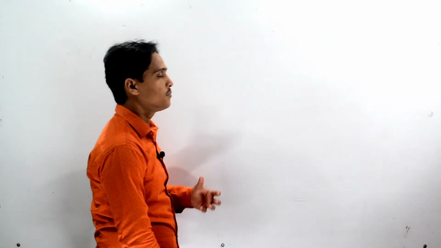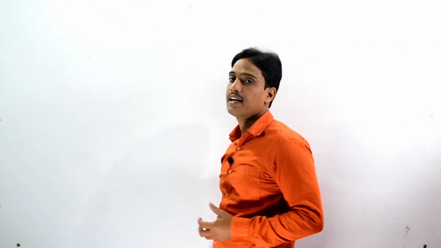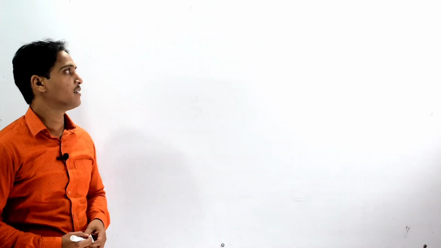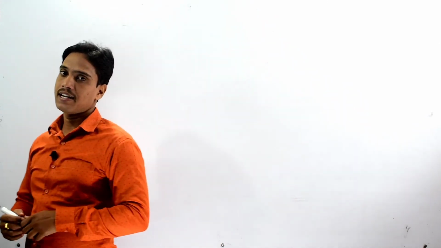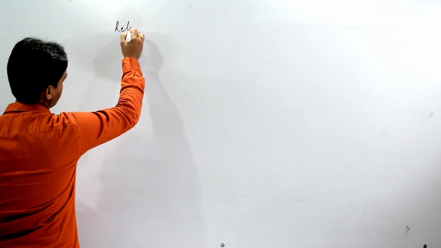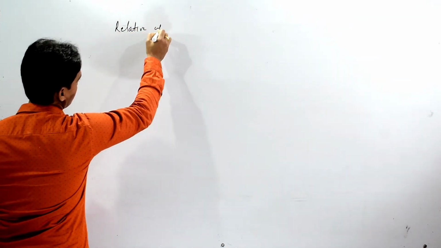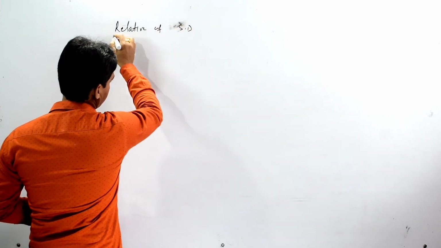So note all these rules. Now come to the various relatives of our standard deviation. That means some other measures which are completely based on our standard deviation, known as the relatives of our standard deviation.